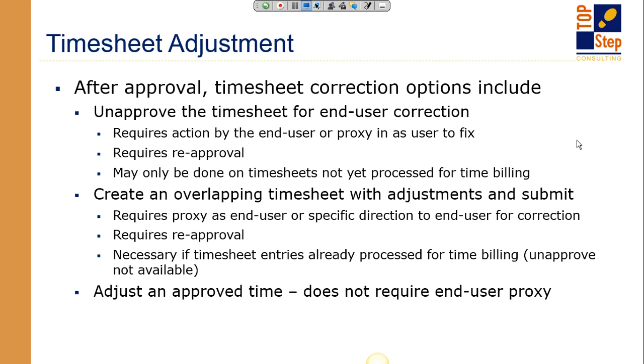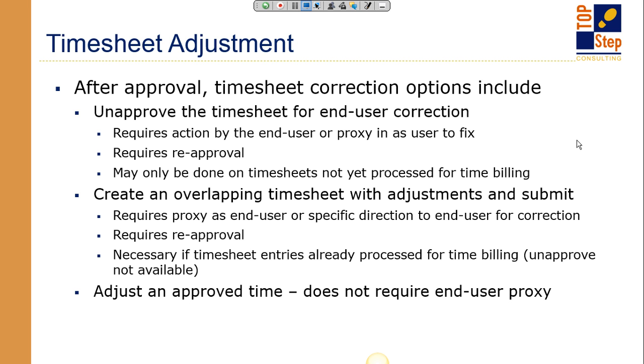If you're doing any fixed fee milestone billing, a timesheet can pretty much be unapproved at any point for fixing errant time entries. You can also do an overlapping timesheet. An overlapping timesheet, as we discussed, creates a second timesheet for the same period.